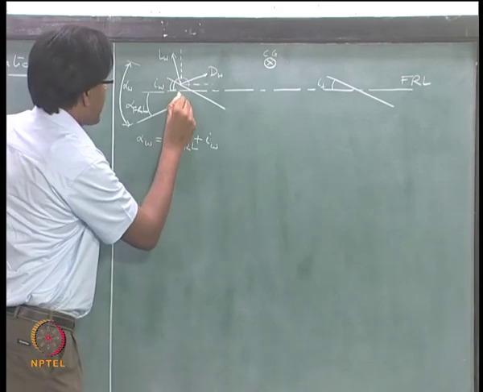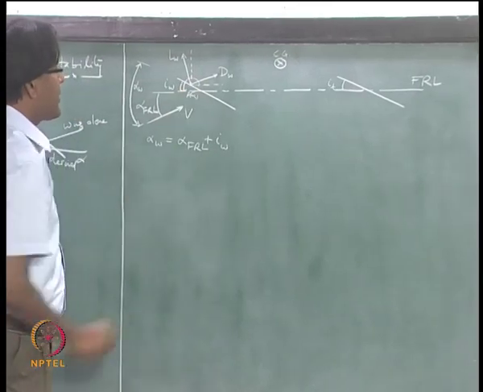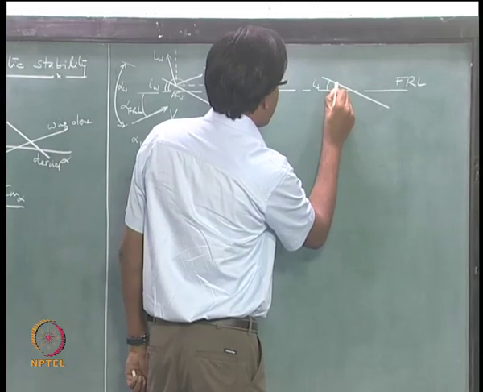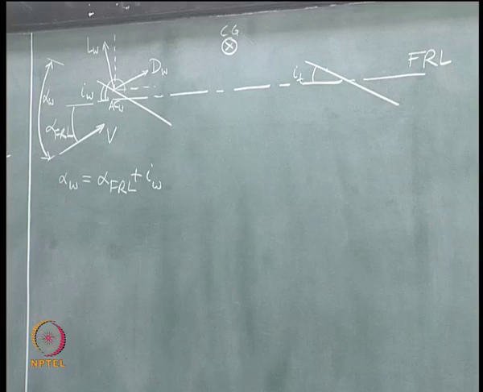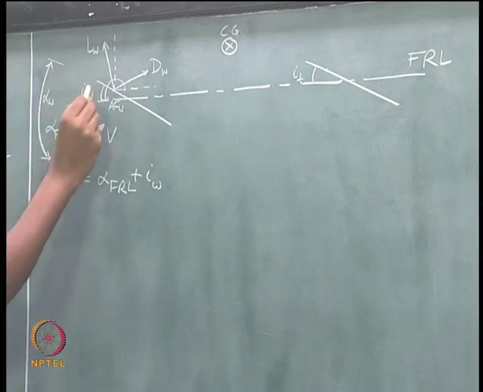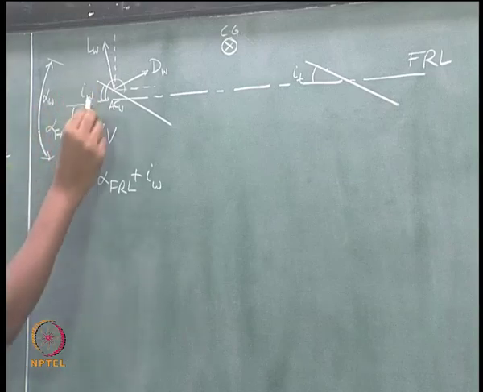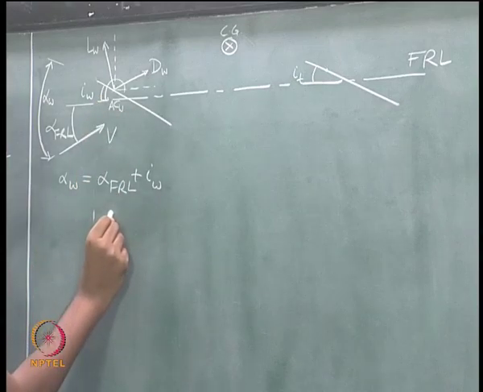This is the aerodynamic center of the wing, this point, okay, and the aerodynamic center of the tail, so they are both located at quarter chord location, right. And remember, we said we are going to measure all the distances from the wing leading edge, right. We are going to measure all the distances from this point, okay.